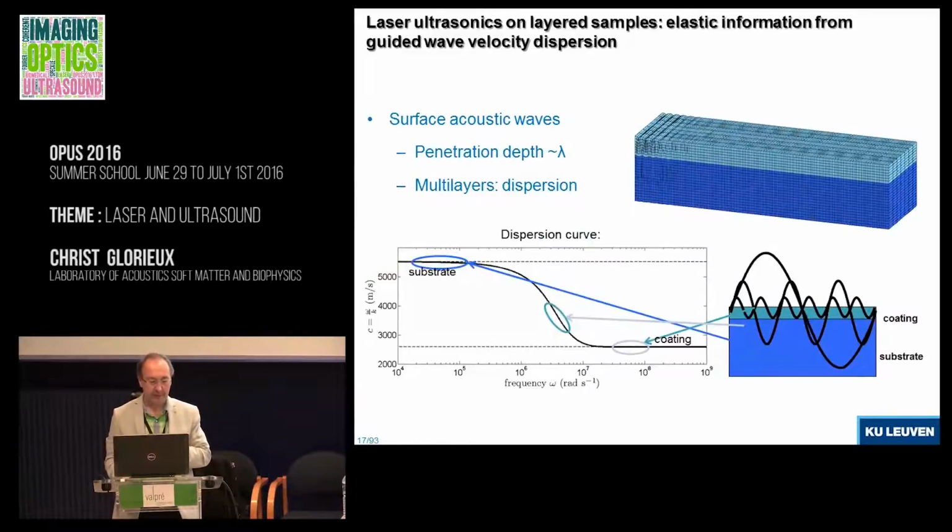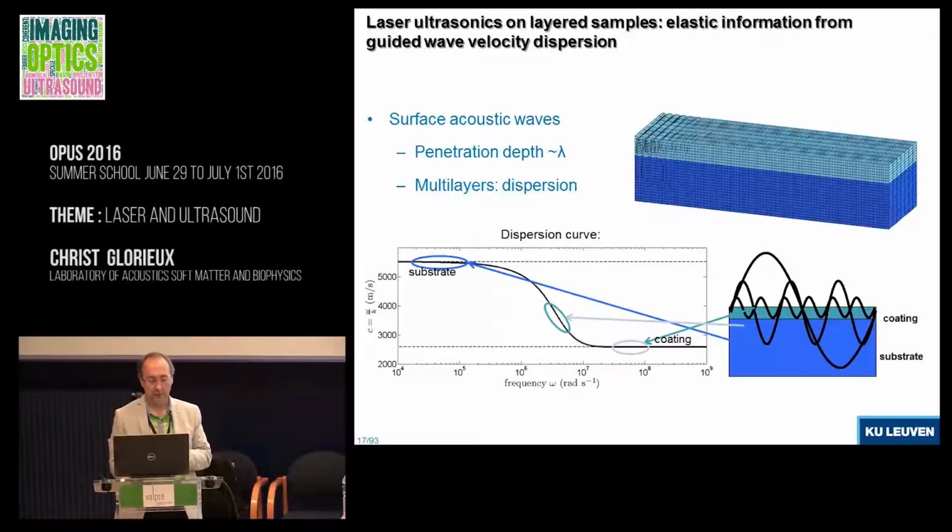The penetration depth is proportional to the wavelength, and you can visualize this by looking at the speed of sound as a function of the frequency or the wavelength, because they are coupled, of course. What you then see is that at low frequencies, the wave is penetrating deeply into the sample, and at some point the coating is actually negligible because the wave is so deep that it forgets about the coating.